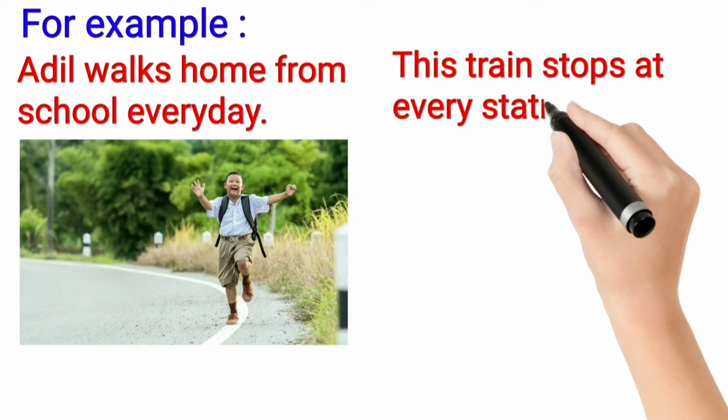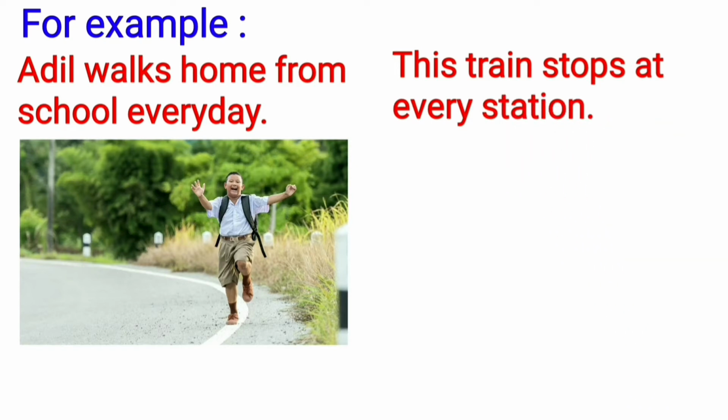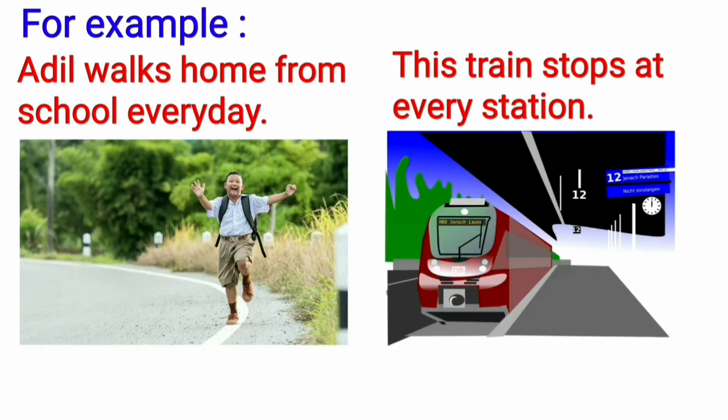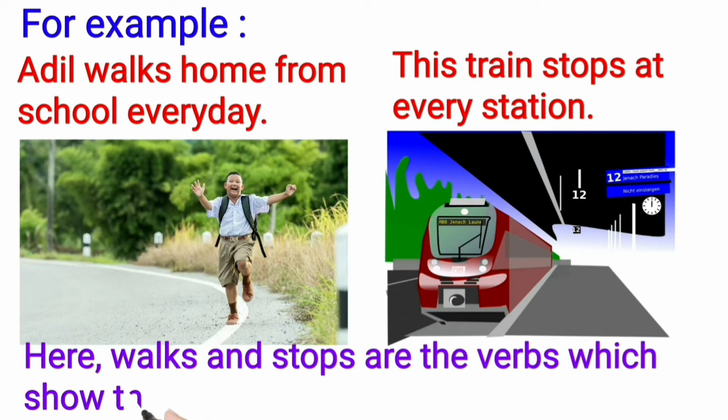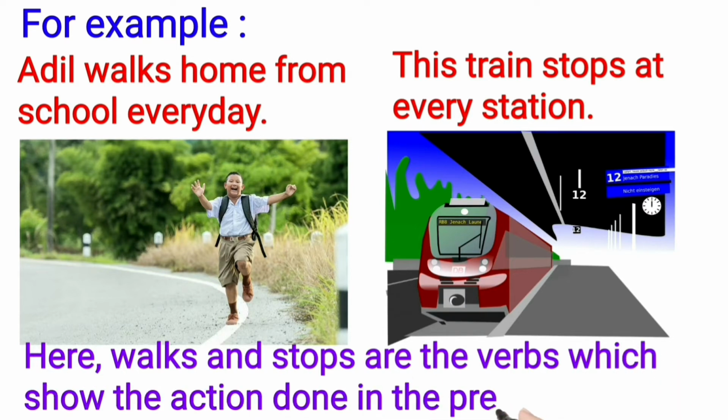Second example, this train stops at every station. Both these sentences refer to the present tense. Here walks and stops are the verbs which show the action done in the present time.